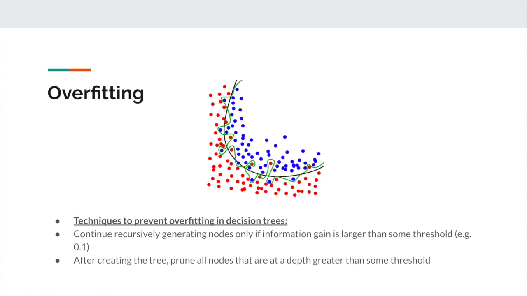And then pruning is basically deleting all the nodes that are after a certain depth, right? And so that prevents you from asking questions that are super specific to your training data set, but don't generalize well to your testing data set.